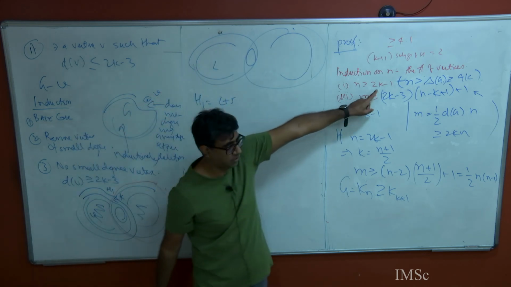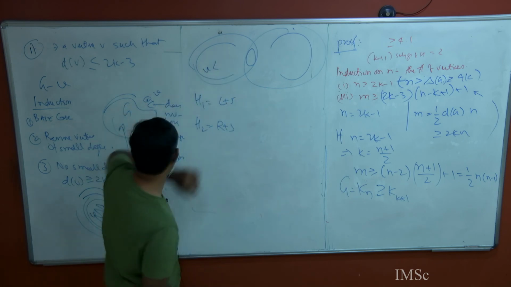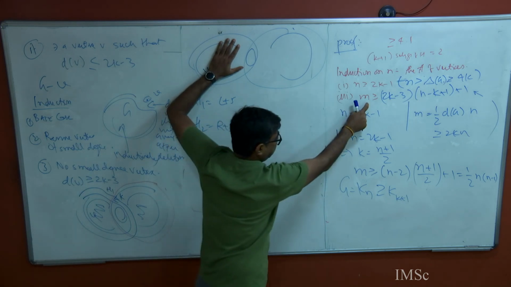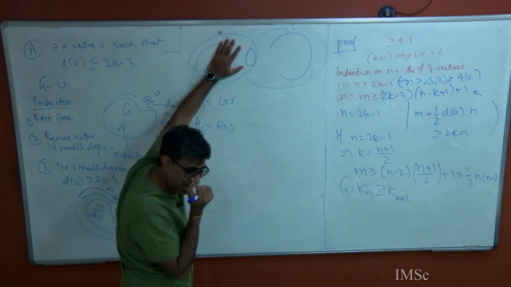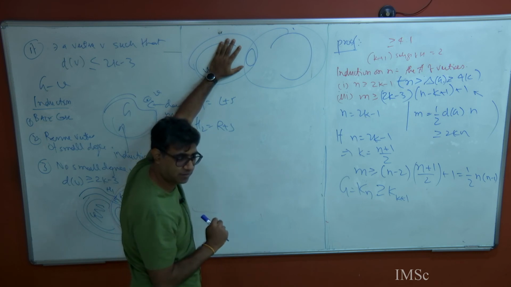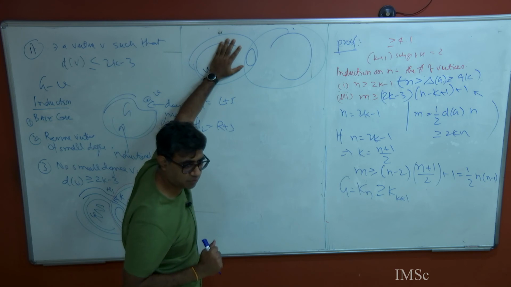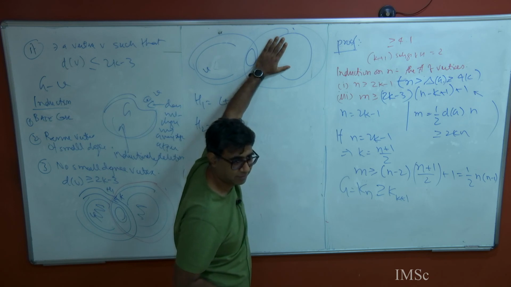It definitely has at least 2k minus 1 vertices because there is a vertex of degree 2k minus 1 hiding, because of the minimum degree argument. Now if it also satisfies the number of edge requirement, then this graph has one less vertex than my original graph, and it satisfies the vertex requirement and the edge requirement. Then by induction hypothesis, what can I say? We get them. Similarly here.